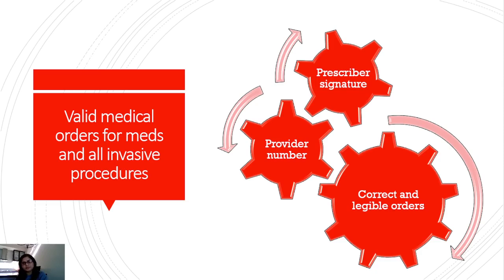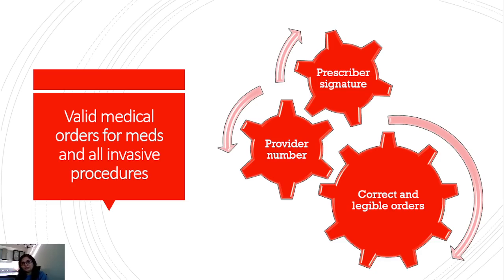There's no difference. Every organization will have its own policies and protocols to establish the validity of a medical order. But basically, it should have a prescriber number or provider number, which is a Medicare-provided number in Australia. It should have the signature of the doctor or the prescriber, and the orders should be correct and legible.